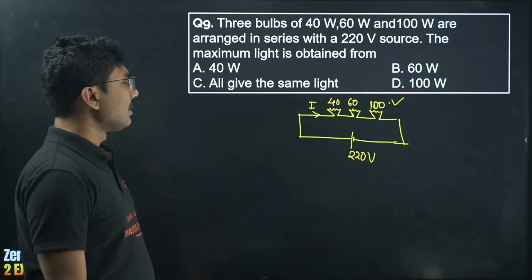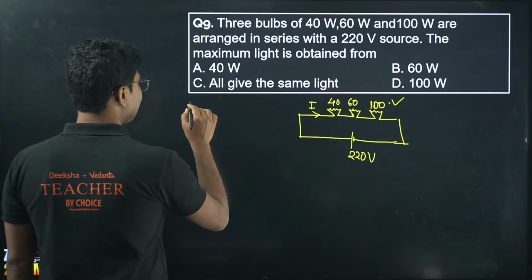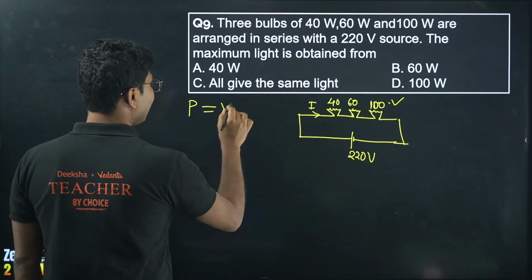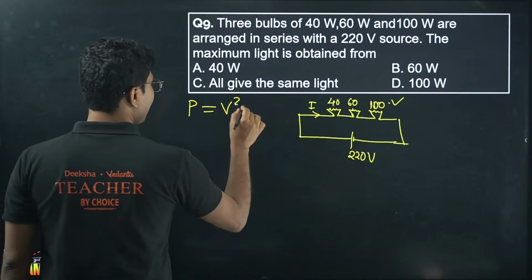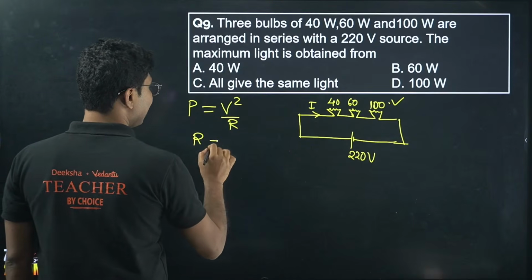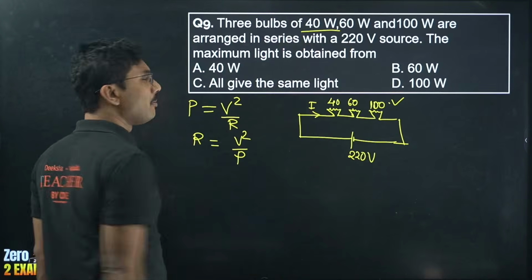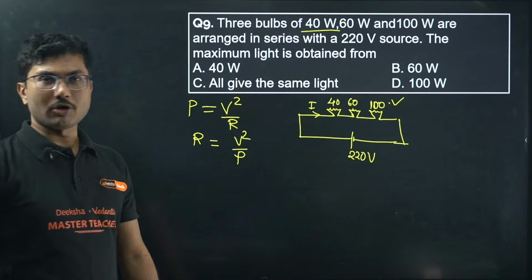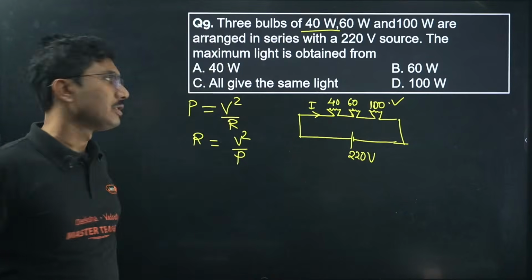The concept that we are going to use is that power is given by V into I, or V square by R. So from here we can say resistance is V square by P. Now if the power rating is given for a bulb, that means the voltage should be constant, a single voltage.